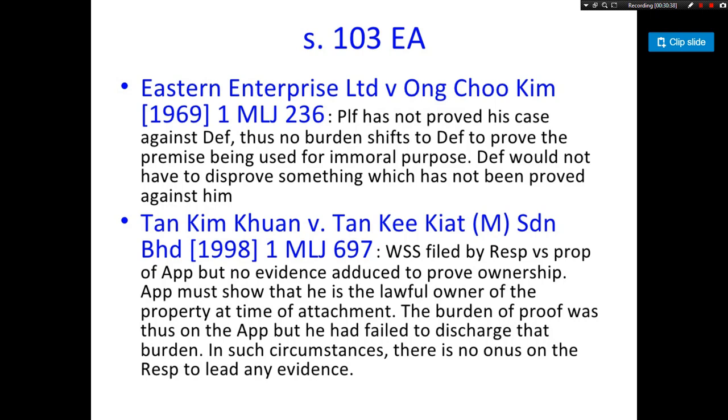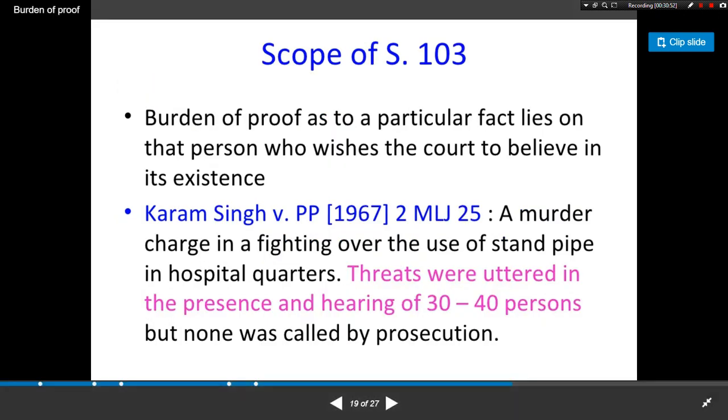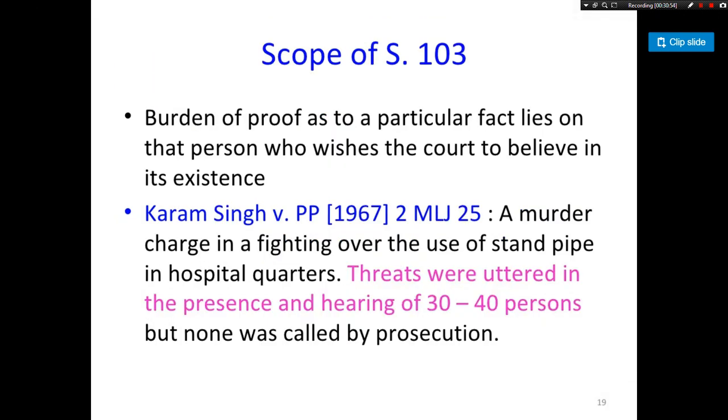The burden of proof was thus on the appellant, but he had failed to discharge that burden. In such circumstances, there is no onus on the respondent to lead any evidence. So the scope of section 103: the burden of proof as to a particular fact lies on that person who wishes the court to believe in its existence.